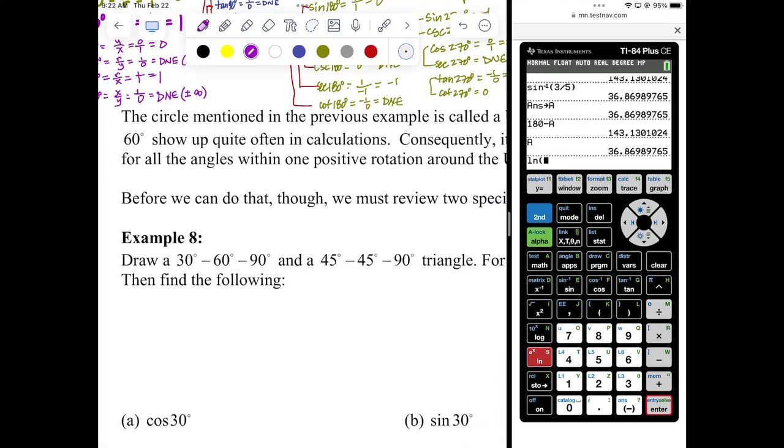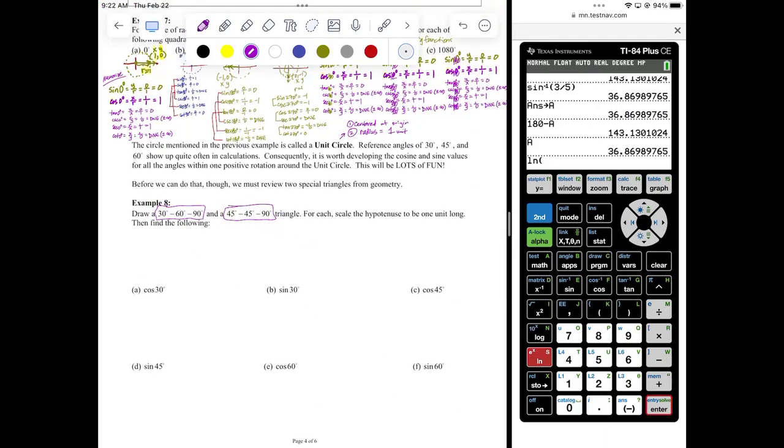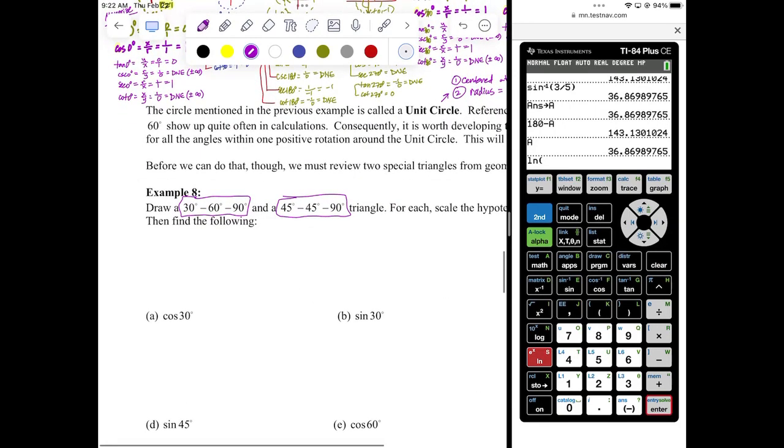Remember your special right triangles from geometry? There were 2 of them. You had your 30, 60, 90, and your 45, 45, 90. Okay? So let's go ahead and see what the trig functions are for each of these. Okay? For the 30, 60, 90, and the 45, 45, 90.